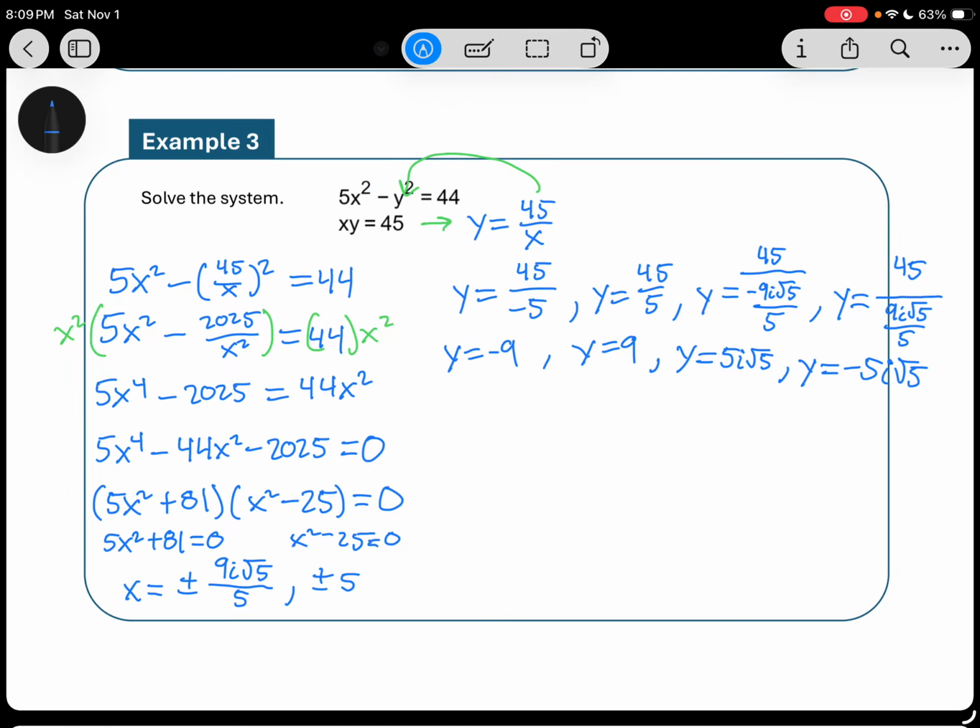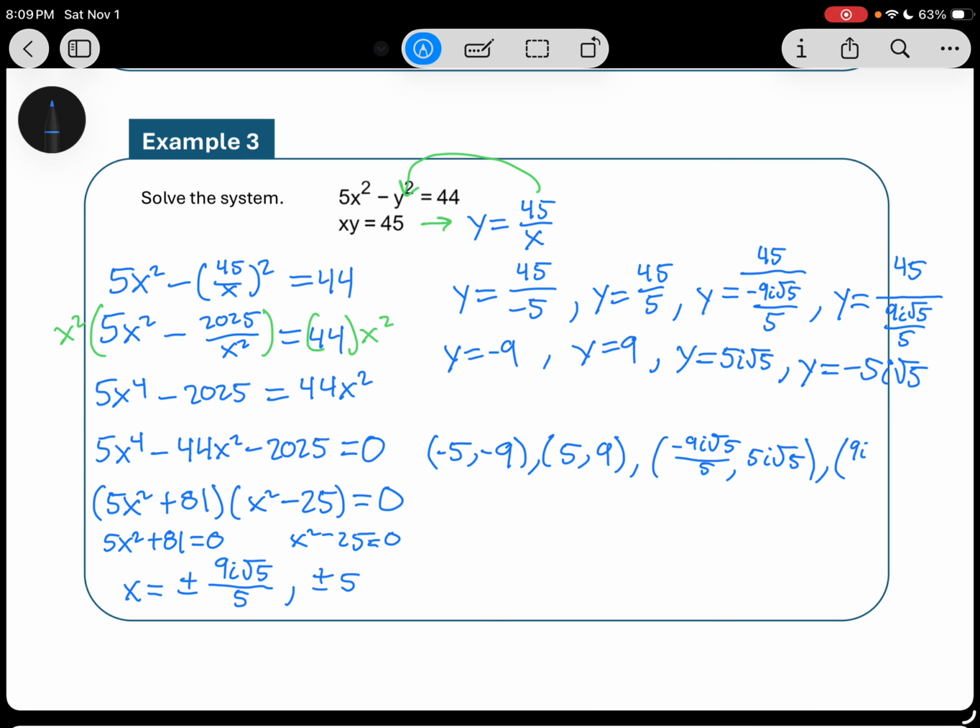So we have another set of 4 ordered pairs. So when x is -5, y is -9. When x is +5, y is +9. When x is -9i root 5 over 5, y is 5i root 5.